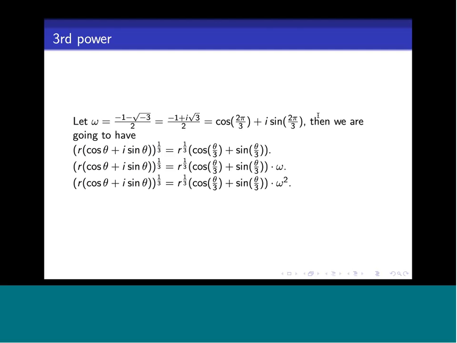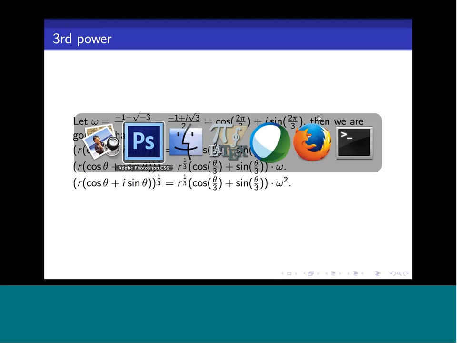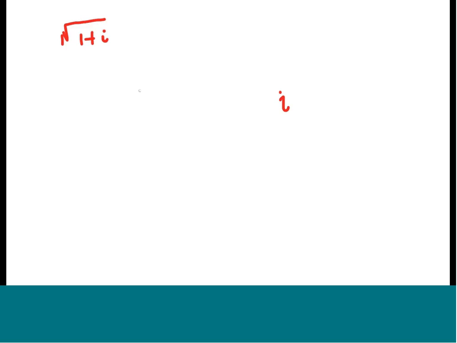So this is always true for the nth roots. Essentially, it's only the nth roots of unity that matter. In the previous example, with z and the square root, you have the square root of z, then the minus square root of z.